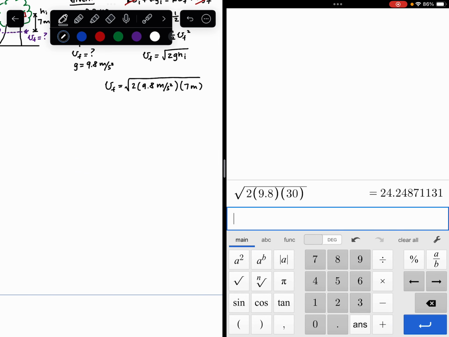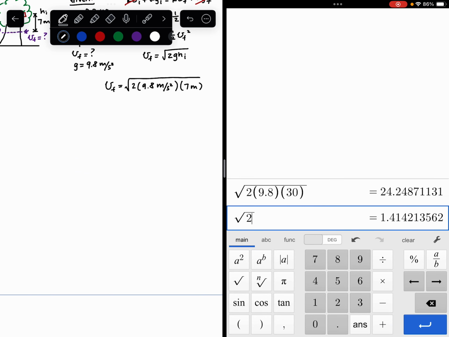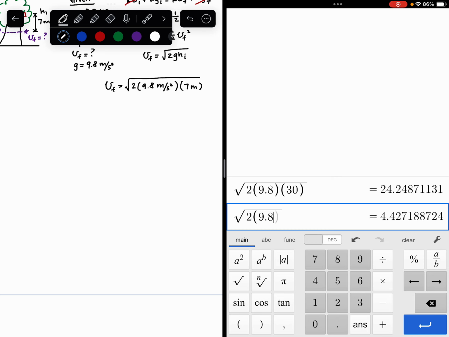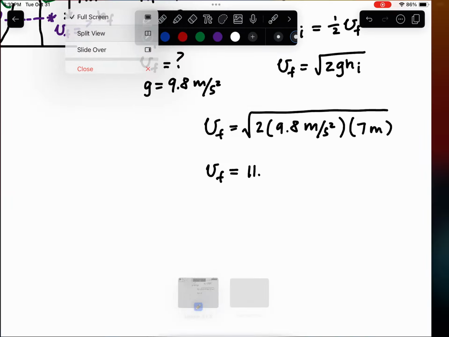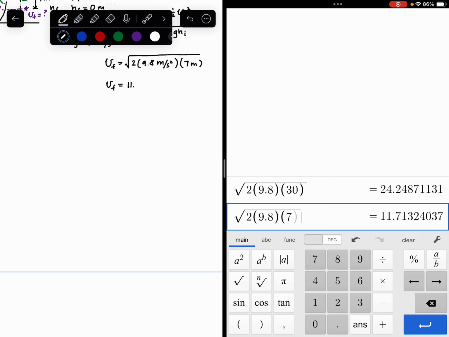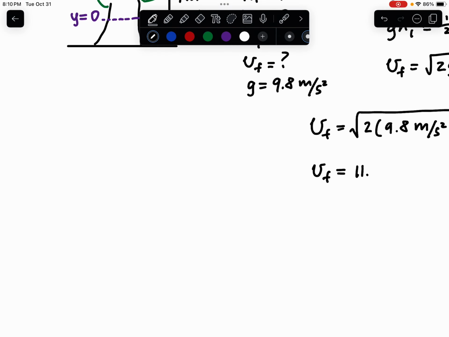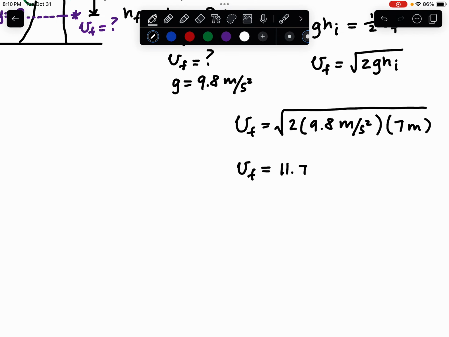So we have the square root of 2 times 9.8 times 7. Let's round to 2 decimals, so 11.71. So the fake apple hit Newton at 11.71 meters per second.